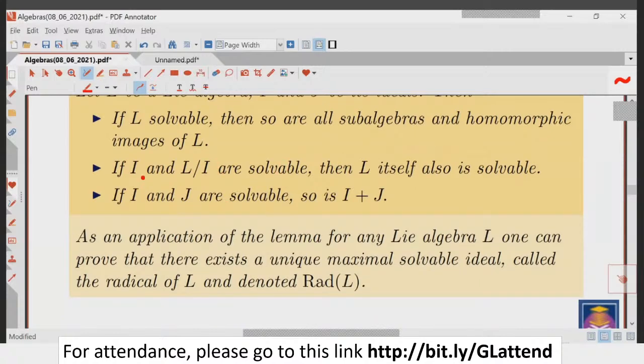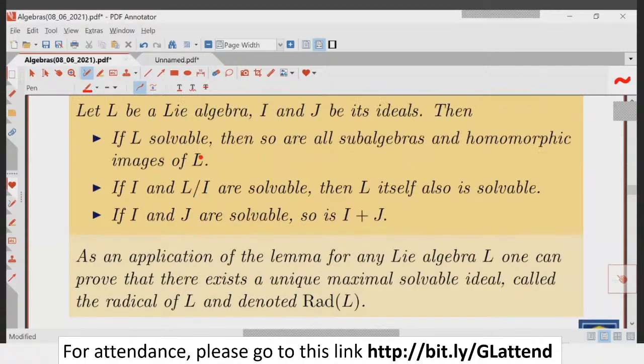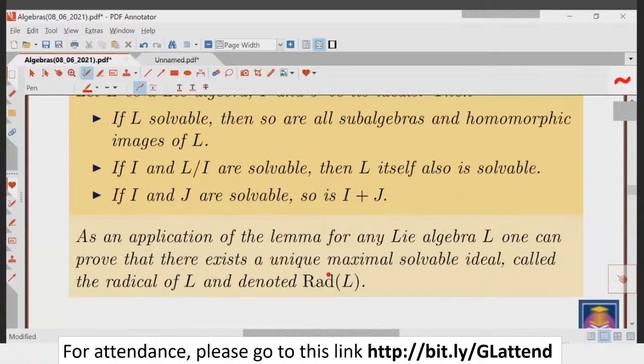If you have two soluble ideals, then their sum also is soluble. So adding soluble parts of a Lie algebra, you will get a maximal, with respect to inclusion, soluble ideal.